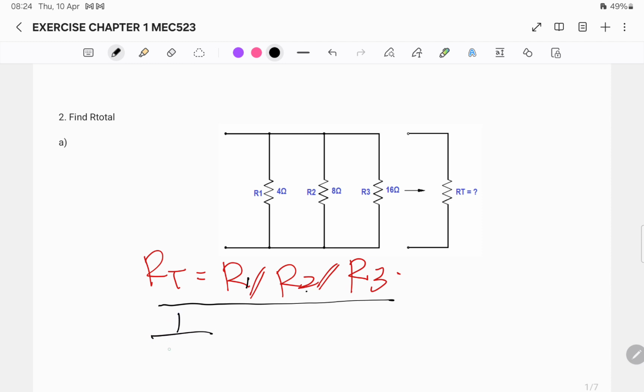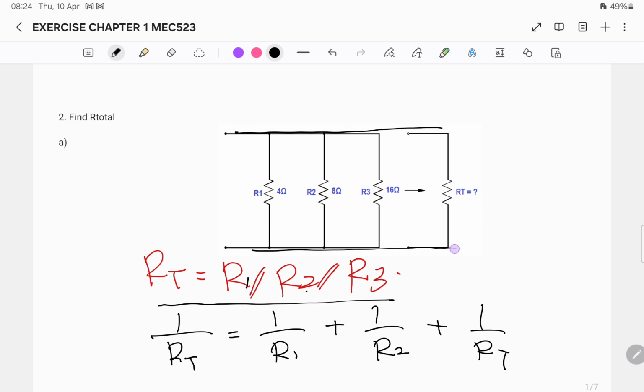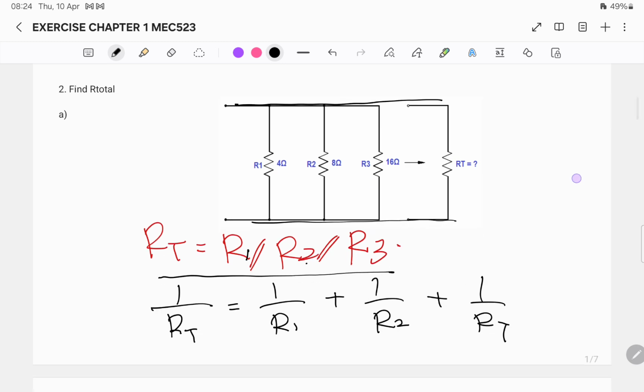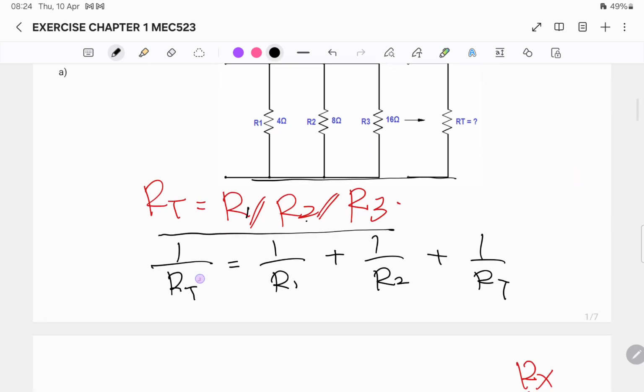But then how do we solve it? 1 over R total equals to 1 over R1 plus 1 over R2 plus 1 over R3. No matter how many, as long as they are at the same node, so it is parallel. And later to get the R total, you must take 1 over again for everything. Sometimes students always forget the 1 over, so the answer will be different.